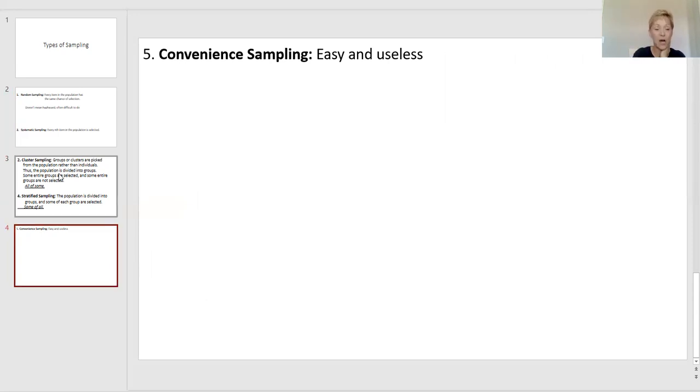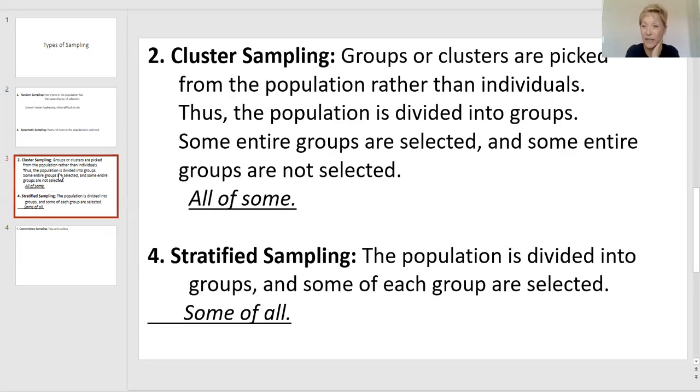Now, let me kind of go back to these two because that's where people get confused, and give you kind of an example. Suppose I was doing a study about 8 o'clock classes on MC's campus, and I thought maybe, do people at 8 o'clock make worse grades because they're sleepy? So I go to the registrar's office and I get a list of every 8 o'clock class for the whole semester this fall of 2021. And there are 25 classes on that list.